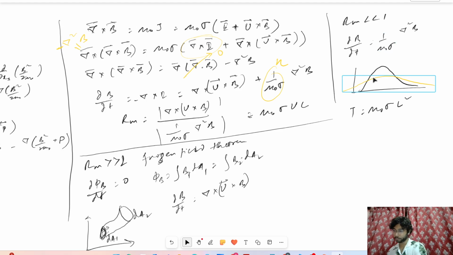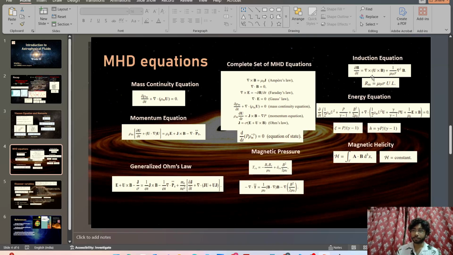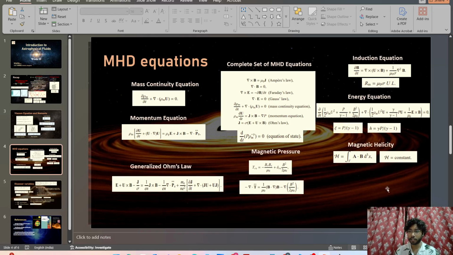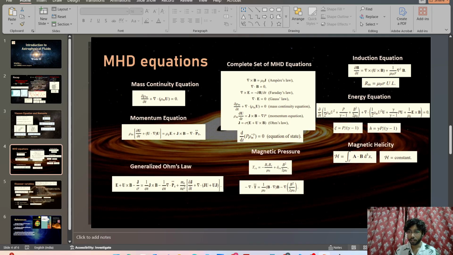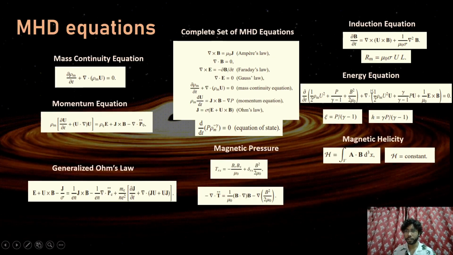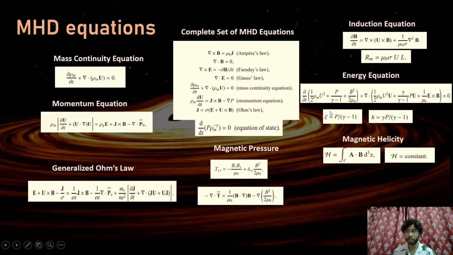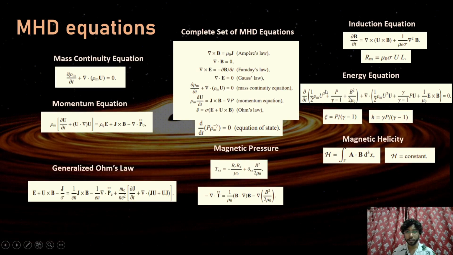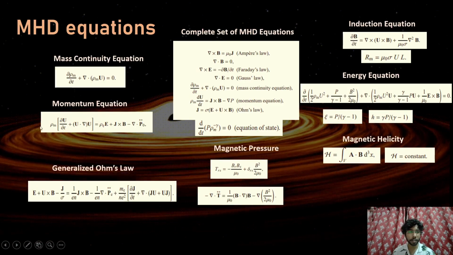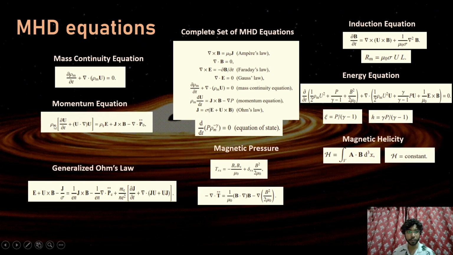Okay, so these are a few comments that I have to make. So this is the magnetic Reynolds number equation, and this is the energy equation. Again, I will not derive this, but I will post it in the notes. The way you can derive this equation is to multiply the momentum equation with velocity u.